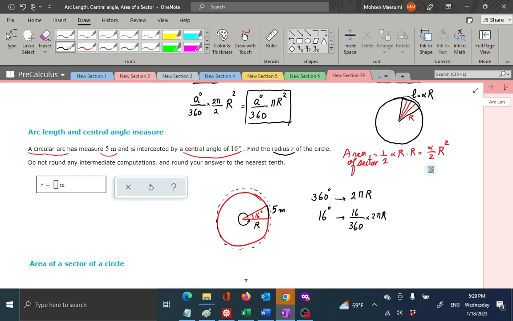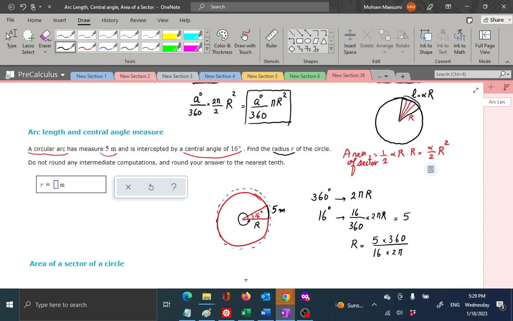Well, how long is that arc? That arc is 5 meters. So I say this is equal to 5. Now I want to find r, so I multiply this 5 by 360, divide by 16 times 2 pi.